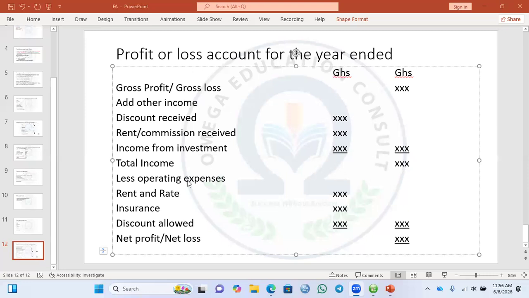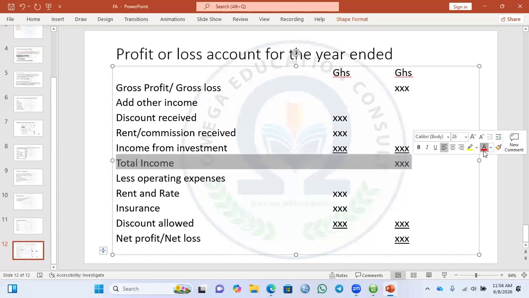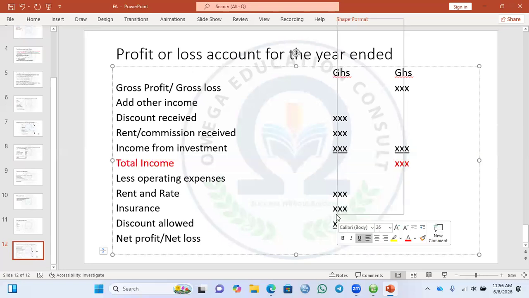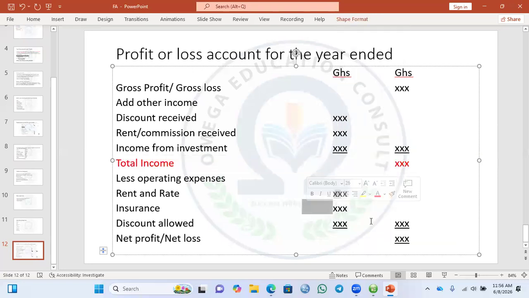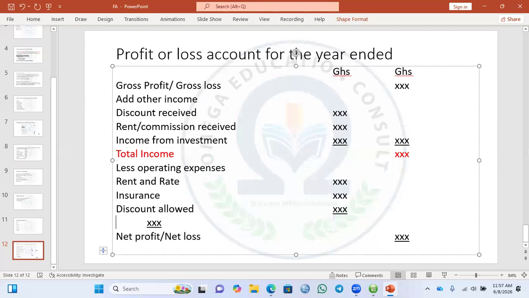Then you now go and look at your total expenses too. So you list all the expenses, add the total, bring it under the total income. So let me highlight that one so that you can differentiate. This is your total income. Let me put that in red. And then this is your total expenses. Now, if you are getting confused because it's on the same line, you can bring it on to the next line, right?